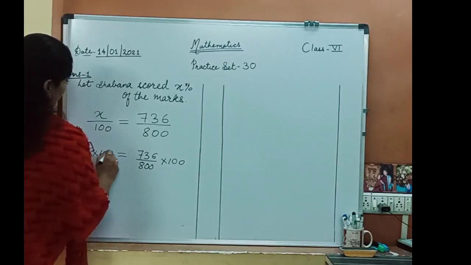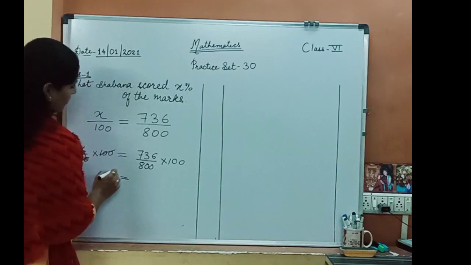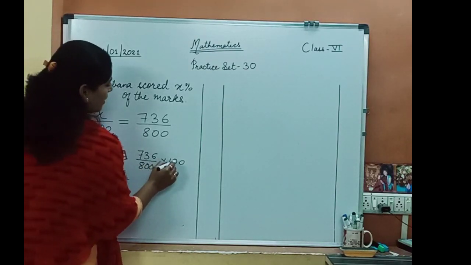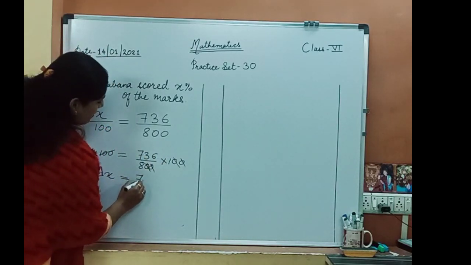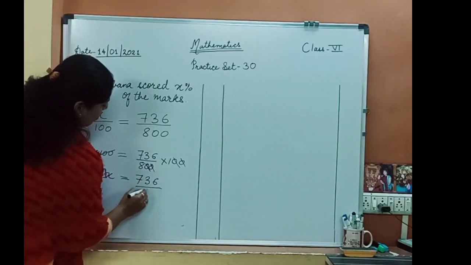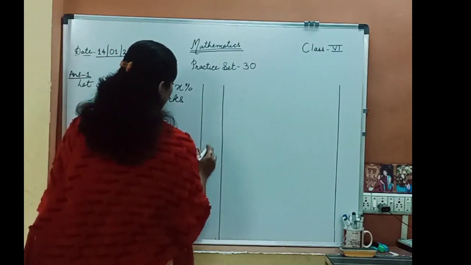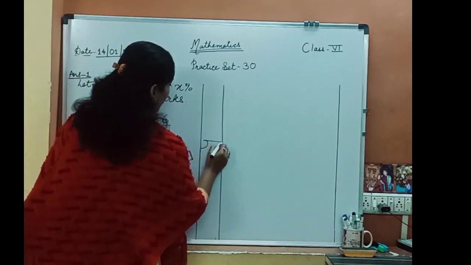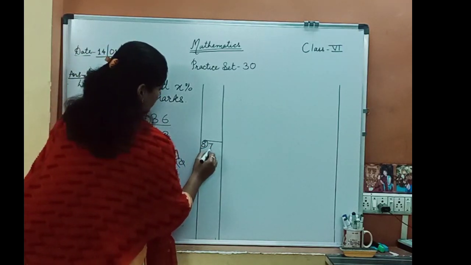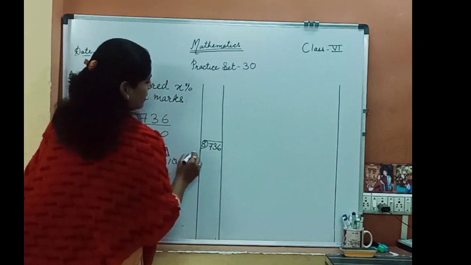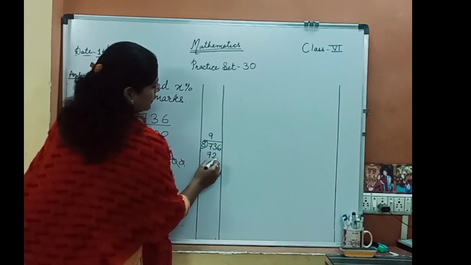Here we cut: 100 ones are 100, 100 ones are 100. On the left hand side only X remains. Here we cut the 0s. What did we get here? 736 upon 8. Let's do the division in a rough column. 8 into 736. 8 nines are 72.